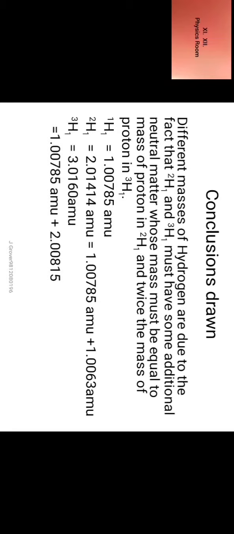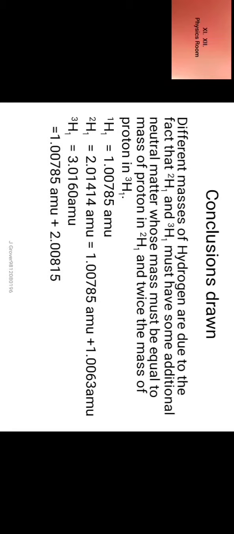H21 has 2.01414 atomic mass unit, which can be separated like this: 1.00785 atomic mass unit plus 1.0063 atomic mass units. And in H31 the mass is 3.0160 atomic mass unit and is separated as follows: 1.00785 atomic mass unit, the mass of one proton, plus 2.00815 atomic mass units.